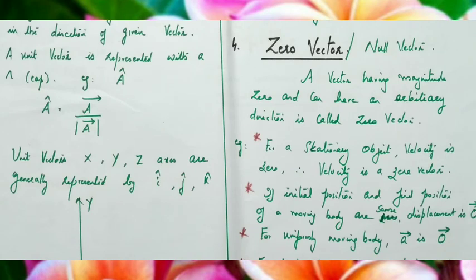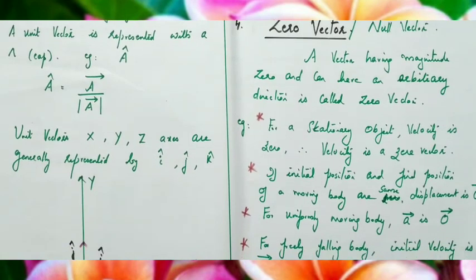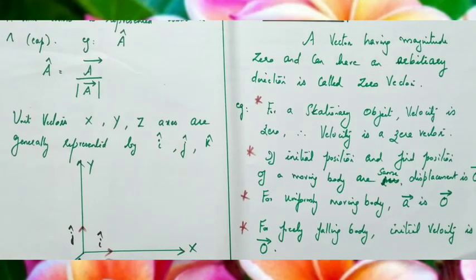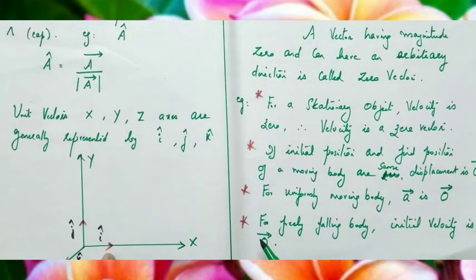For a uniformly moving body there is no acceleration, so acceleration is a zero vector. For a freely falling object, initial velocity is 0, or initial velocity is a zero vector. Zero vector is represented like this, 0 with an arrow. So for any vector, if its magnitude is 0, then we can say that it is a zero vector.